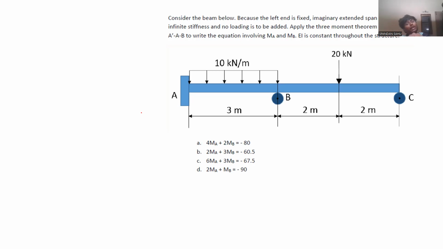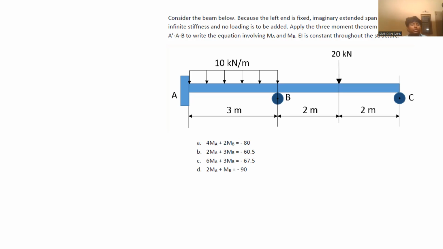From AB here you will get one equation, and between the other two spans you will get one more equation. You will get two sets of equations. MA and MB will be your unknowns, and MC is 0.